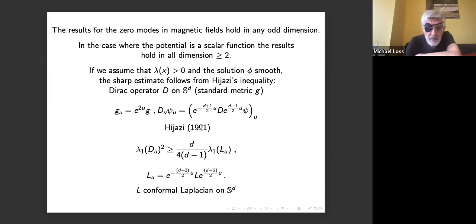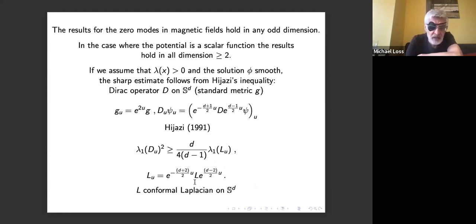And there is a paper by Hijazi in 1991, and he is the one who really got this whole thing to work. He says that if you take the first eigenvalue of the Dirac operator, it is not zero, but it comes in pairs, a negative and a positive one, with the same absolute value. So the square is greater or equal to d over 4(d minus 1) times the first eigenvalue of what is known as the conformal Laplacian on S^D.